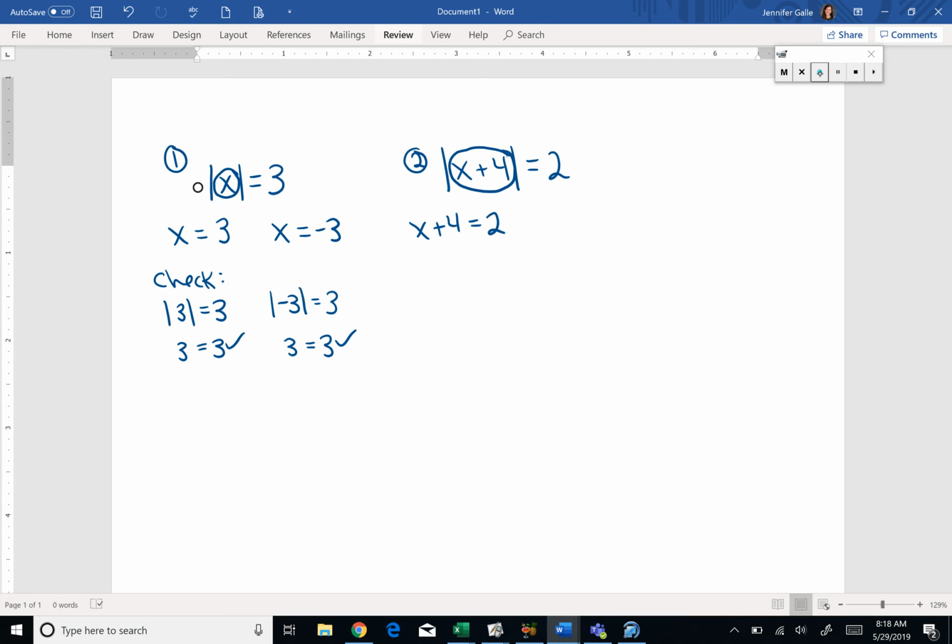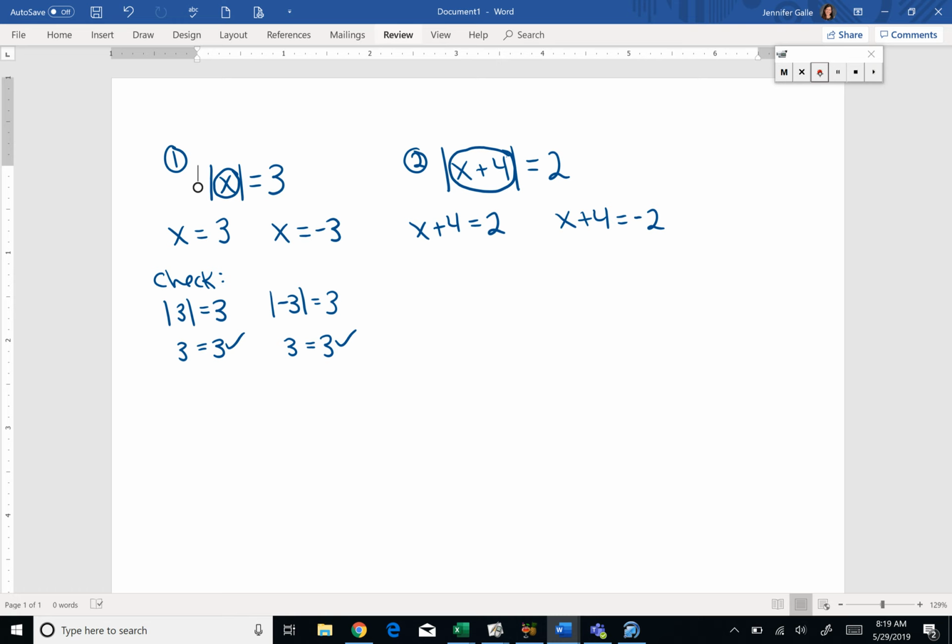What's the other number that has an absolute value of 2? Negative 2. So that means that if I can get that expression inside those absolute value bars to also be negative 2, I'm in good shape. I need to get whatever's inside the bars to either equal 2, so that when we take the absolute value, we get 2, or we need whatever's inside the bars to equal negative 2, so the absolute value again is 2.